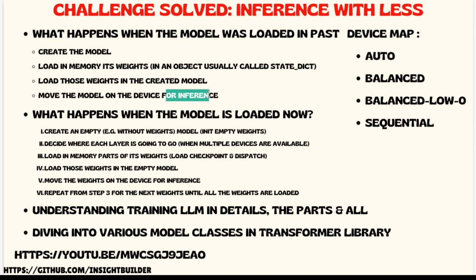And then only you can start the inference. This is going to be a challenge, because if you talk about anything above 7 billion or even 7 billion parameters, the model is going to be huge. As you saw, even in the case of the 6 billion GPT-J, it was going up to 24.2 GB.